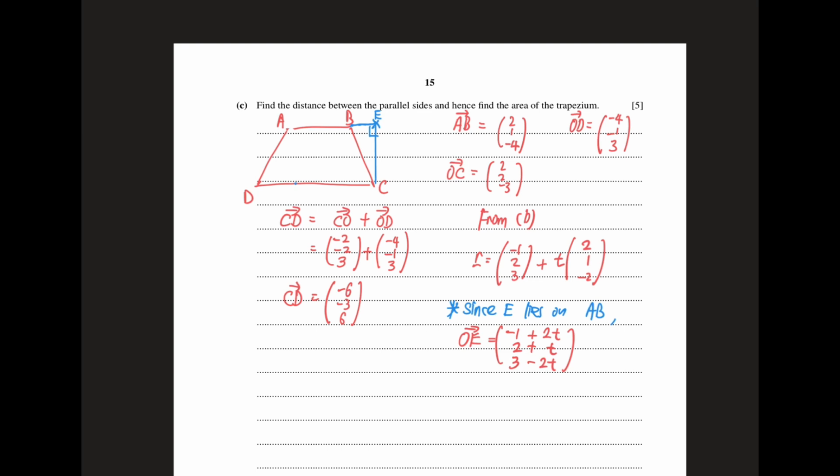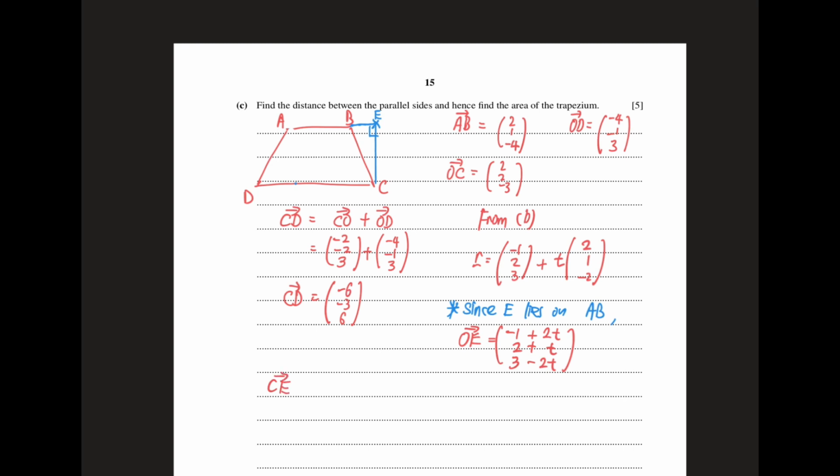Then after that, with OE, I can find out CE. After that, I can find the magnitude. The magnitude will be the distance that we are looking for. I find out CE first.